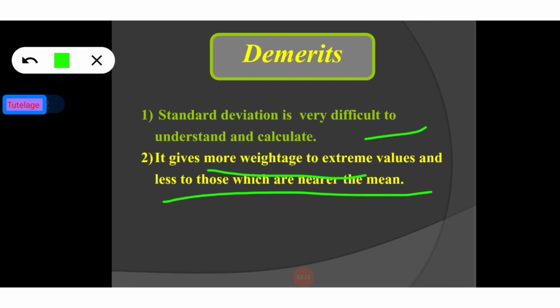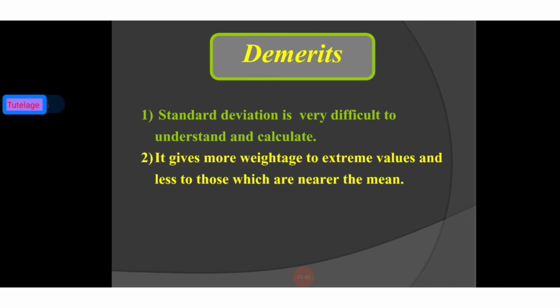We have already told that standard deviation is based on all observations. So that's why standard deviation gives more weightage to the extreme values and less weightage to those which are nearer to the mean. So that is the basic demerit or disadvantage of the standard deviation. I think the merits and demerits of the standard deviation are clear to everyone.